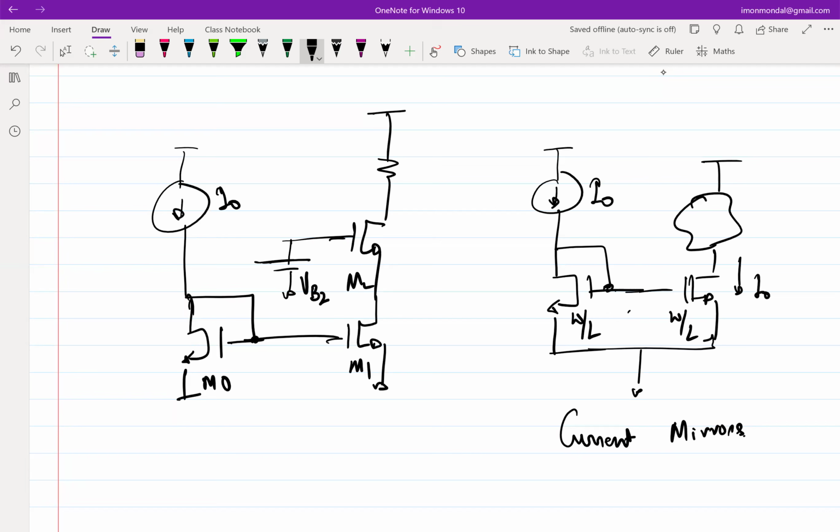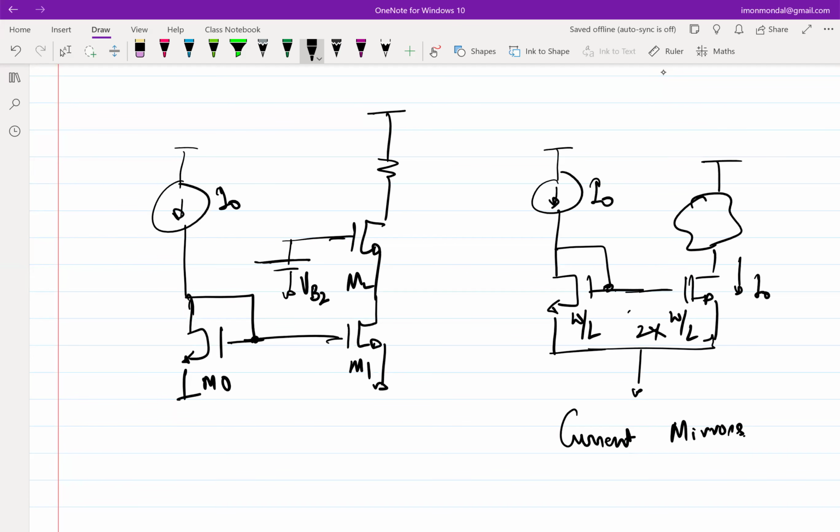Okay, the good thing about this is that if, let's say, I want twice I naught in the right branch, and I still want to use a single current source I naught on the left branch, what should I do? Let's say I want double the current on the right-hand side. So I can simply scale it by 2.